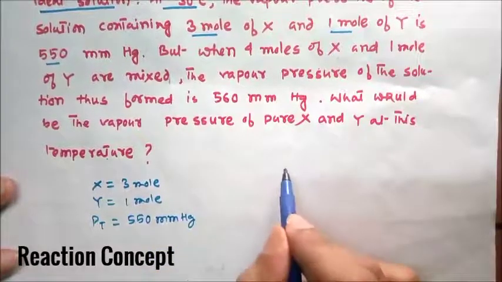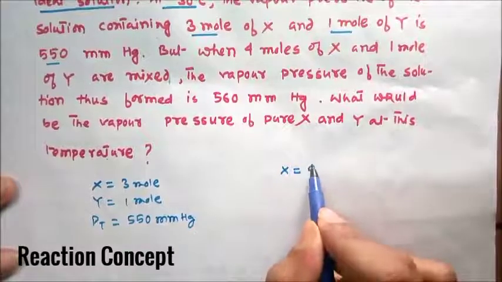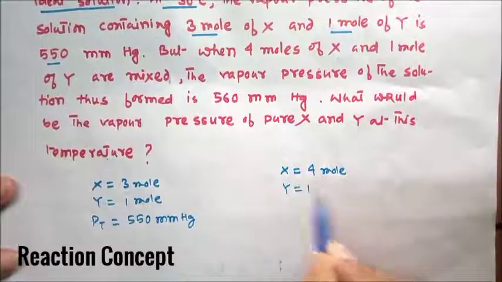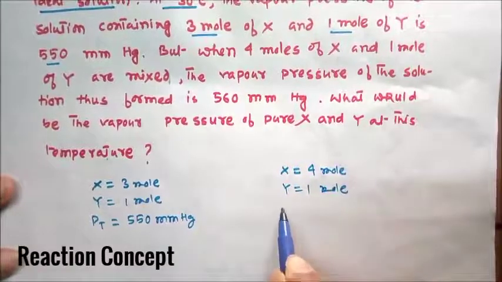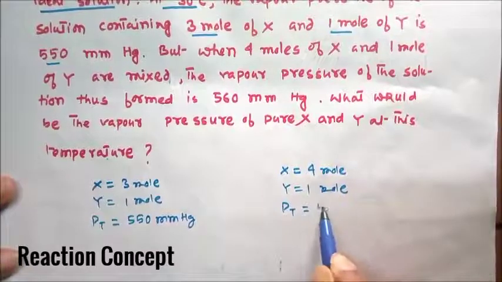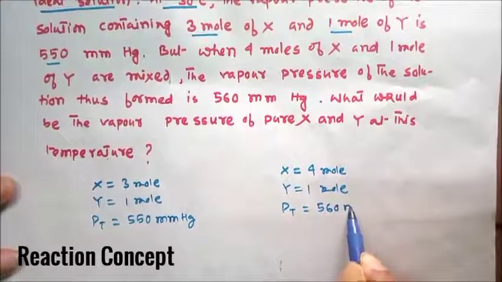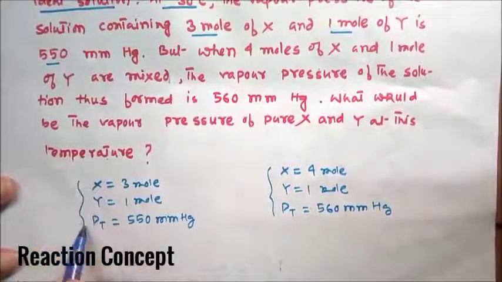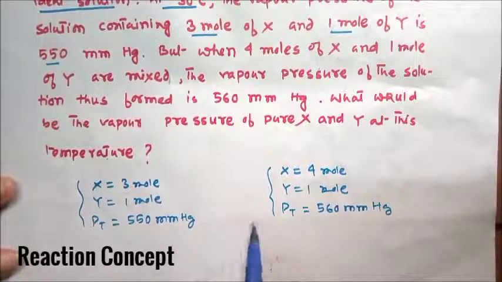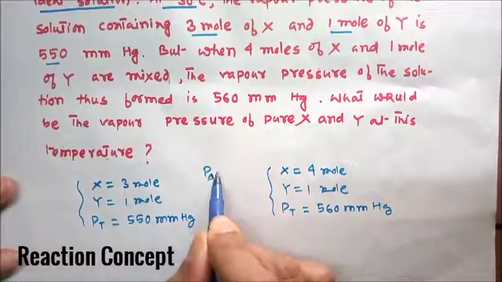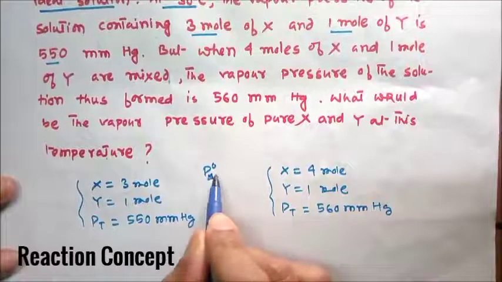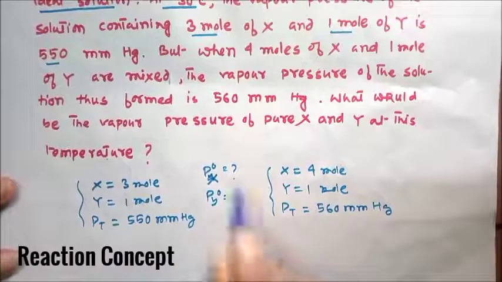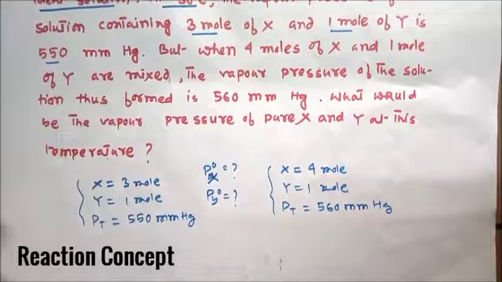In the second condition, it is given that when you mix 4 mole of X and 1 mole of Y, then the total vapor pressure becomes 560 mm. Okay, these are the given data in the question. And what is asked in the question? It is asked what is the vapor pressure of X and Y in their pure state?